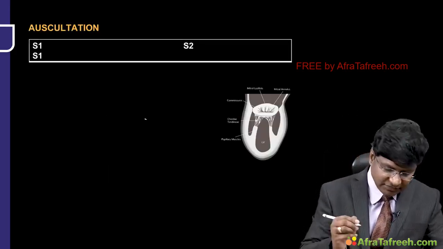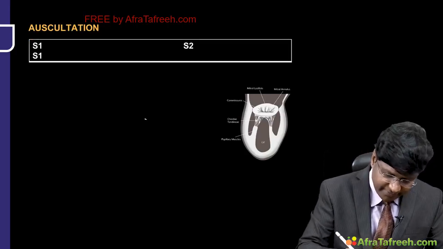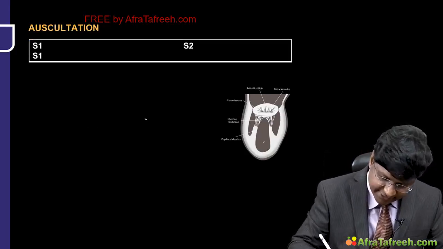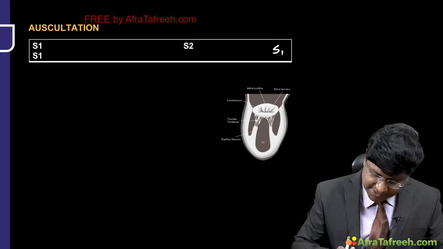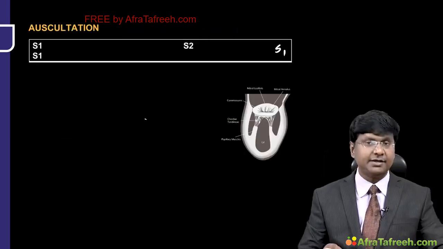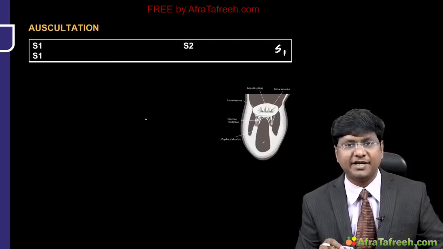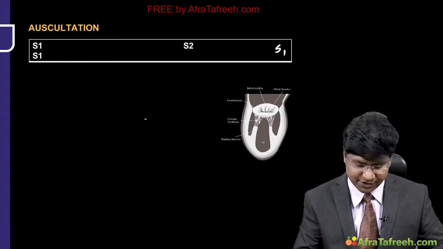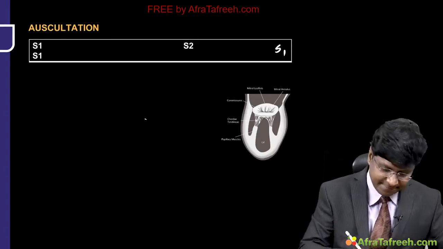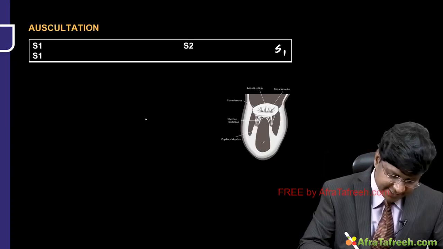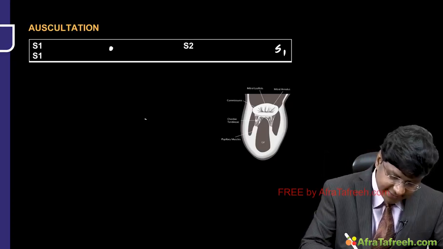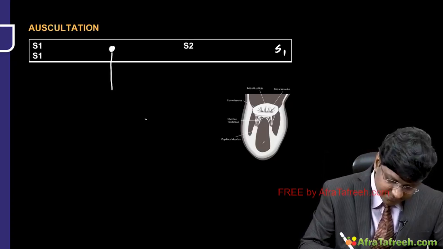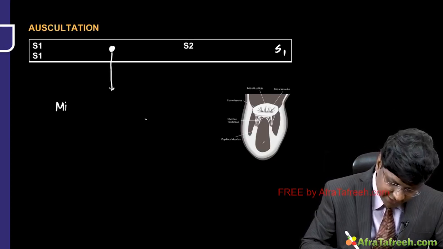Now, coming to the very important point, that is the auscultation. Auscultation is a very important part of the examination in patients with mitral valve prolapse syndrome. In the systole, between S1 and S2, exactly in the mid part of the systole, you will hear a mid-systolic click.